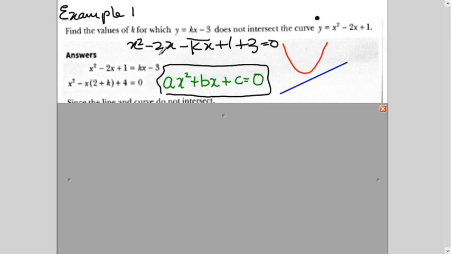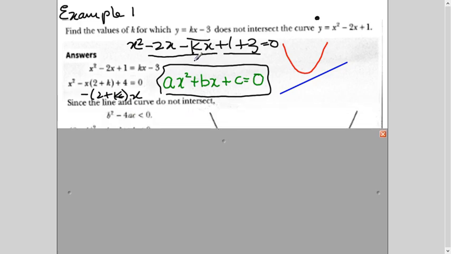After that, minus x is taken common, so you will have 2 plus k, and 3 plus 1 is 4. So this is the form of the quadratic equation. So what is your a now? Your a is 1. What is your b? Because you can't say x is minus, you can say my b is minus 2 plus k. Okay, I can rewrite it like this. So my b is minus 2 plus k and my c is 4.